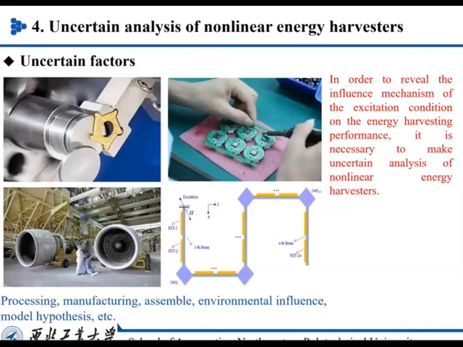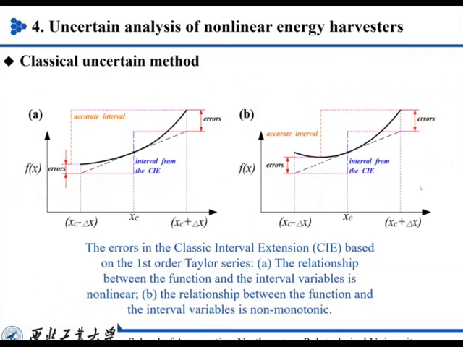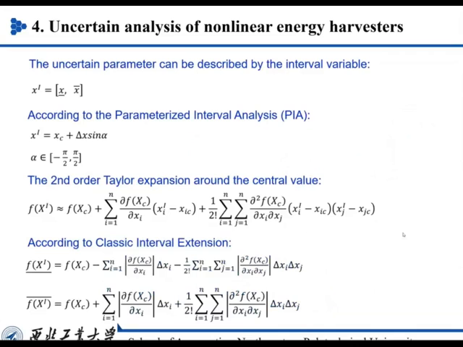In order to reveal the influence mechanism of the excitation conditions on energy harvesting performance, we make the uncertainty analysis. For the classical uncertainty method, this is the classical interval excitation, and we use the second order Taylor expression to analyze it.